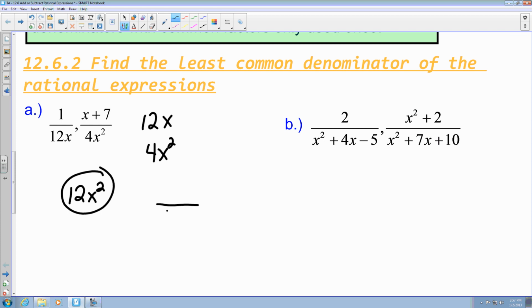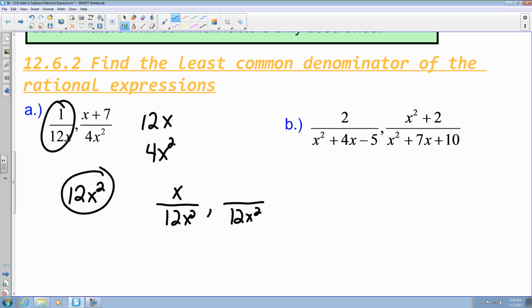So if I put 12x squared, comma 12x squared for these two values, the only thing that I added to this first equation is another x. So if I put an x on the bottom, that means I have to put it on the top as well.